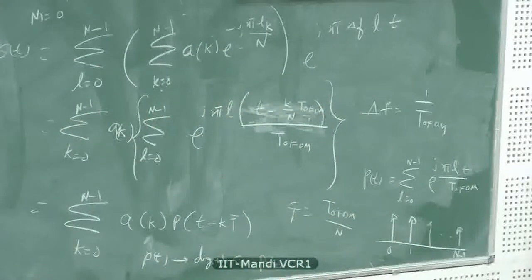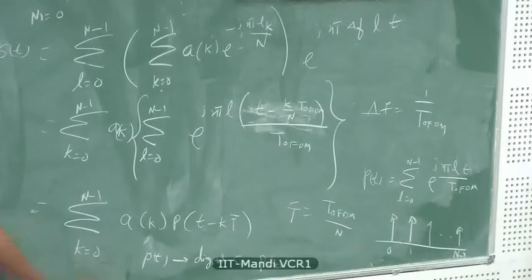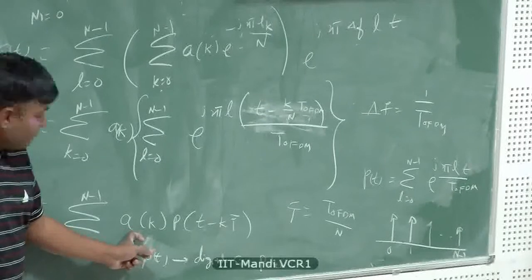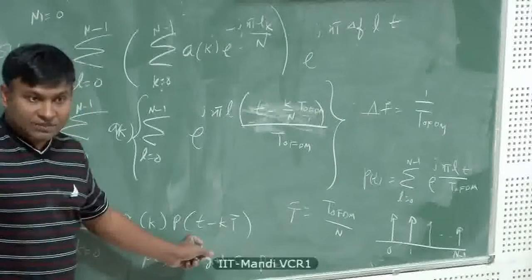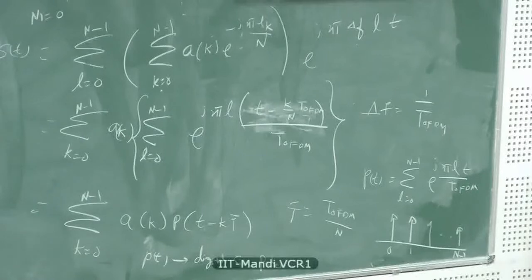So what did we end up with? By adding this small module, we came up with this form. What is this form? Single carrier, which we have seen, and now A k can be BPSK, QPSK, 16 QAM, 64 QAM, and the pulse shaping is an equivalent sync pulse.